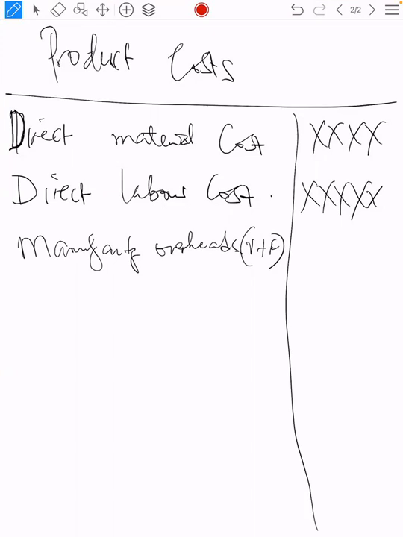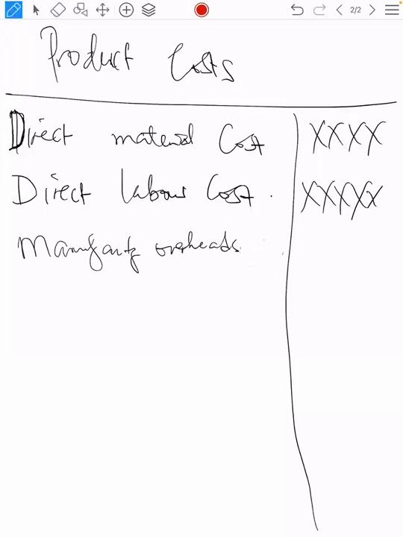But as we progress, I am going to split the manufacturing overheads into two, variable and fixed. Allow me to do that immediately, because the distinction is going to be key going forward.